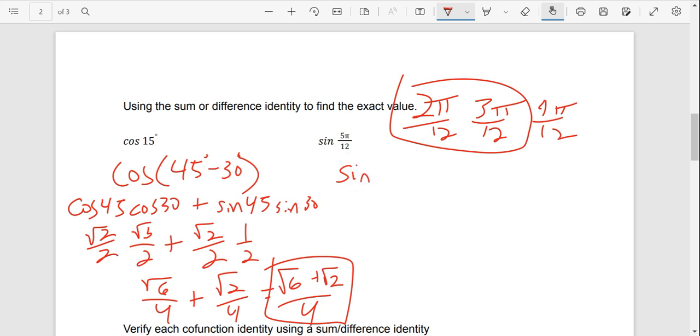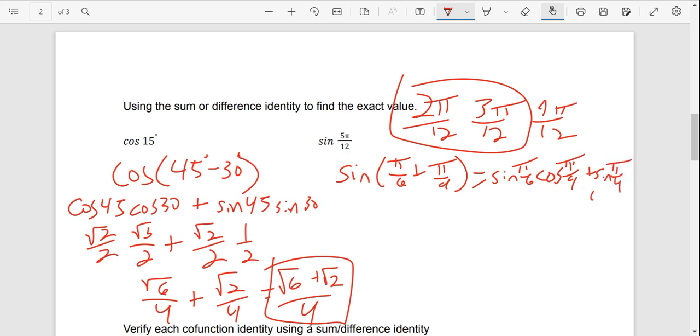So, sine of 5 pi over 12. I'm going to keep it simple here and just go back to writing pi over 6. You know where my pi over 6 came from, though, right? Pi over 6 plus pi over 4. Formula time. That's going to get us sine of pi over 6 times cosine of pi over 4 plus sine pi over 4 times cosine pi over 6.